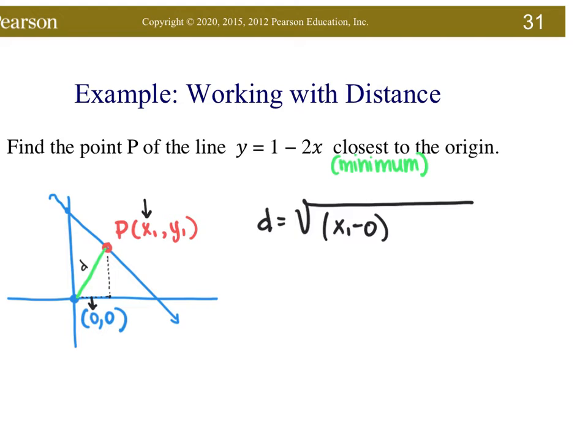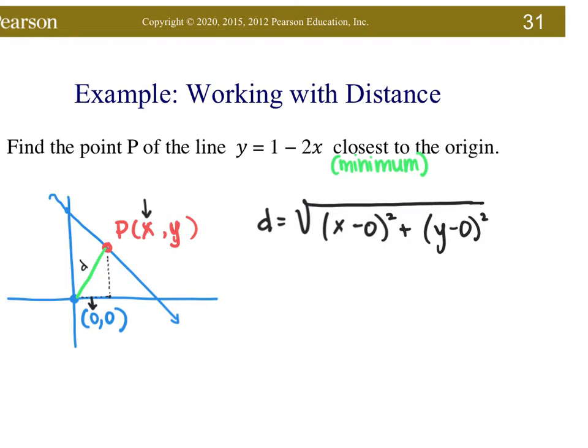And since I only have one x, I really don't think I need to call it x1 anymore. I'm just going to call it just x. So we'll just call it x today. Okay, squared plus, and the same thing with y. There's only one y, and the other one is the origin, so I'm going to erase the 1 there. So we just have x and y is fine. So then we've got y minus 0, quantity squared.